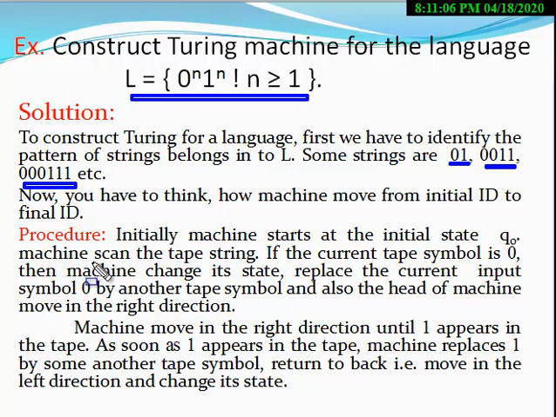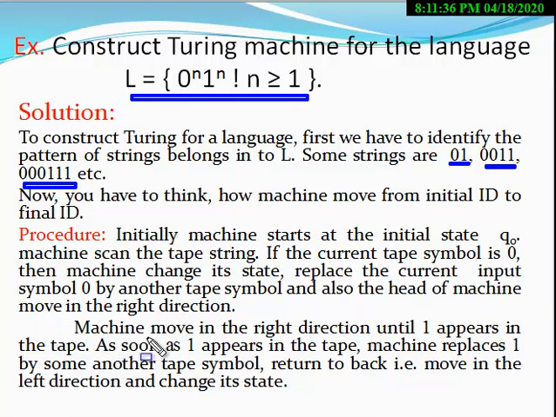The machine scans the tape string. If the current tape symbol is 0, then the machine changes its state, replaces the current input symbol 0 by another tape symbol, and the head of the machine moves in the right direction.